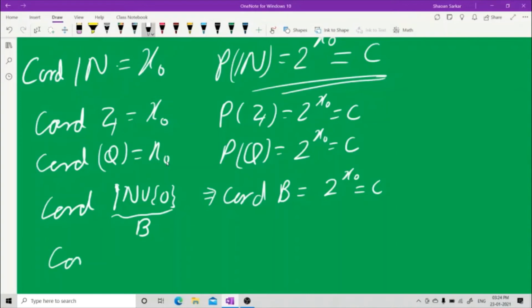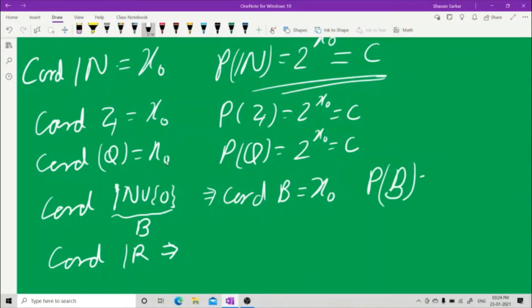Sorry, I made a mistake. Cardinality of B is alif naught. And power set of B is 2 to the power of alif naught, and this is C.